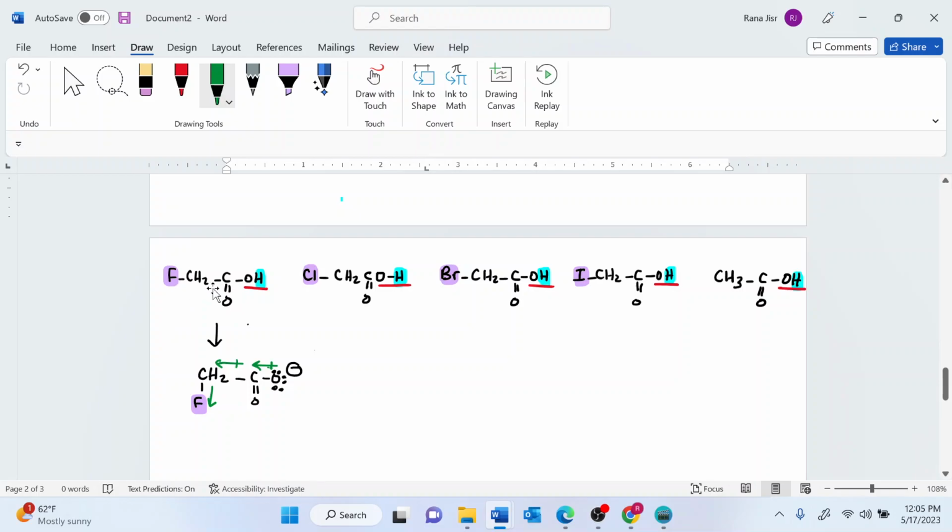So if I want to rank the acidity in a decreasing order, then definitely the acid which is close to the fluorine is going to be more acidic than that of the chlorine, than that of the bromine, than that of the iodine. And the one that has no electronegative element on the carbon is going to be the least acidic.